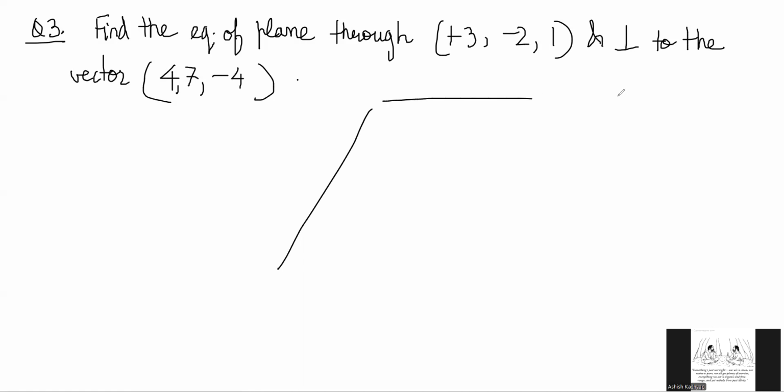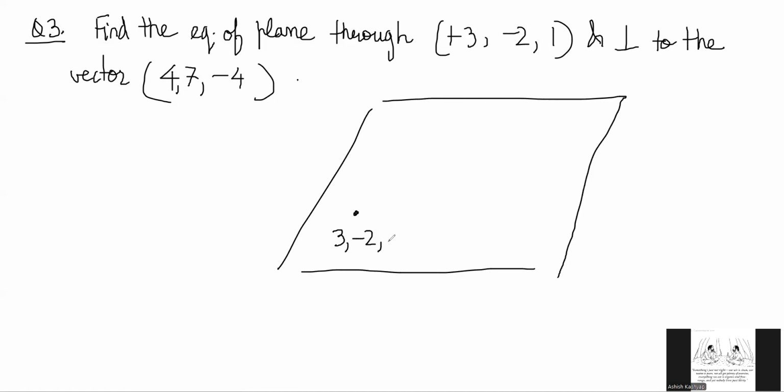Basically, I want a plane through a particular point. This point is 3 comma minus 2 comma 1. So the position vector of this from the origin would be 3i minus 2j plus k. So the plane should pass through this point and should be perpendicular to this vector.